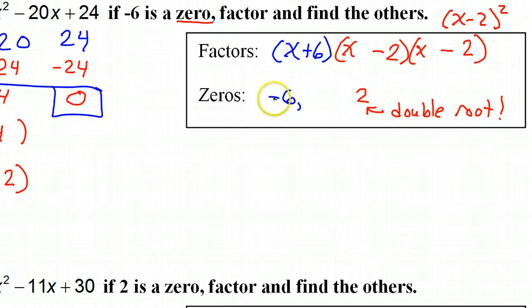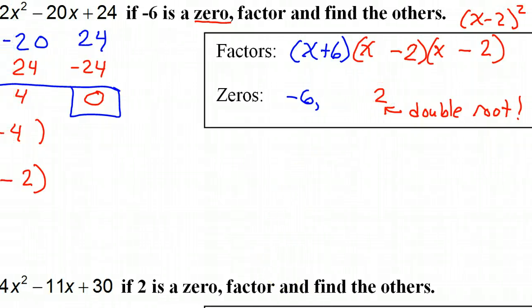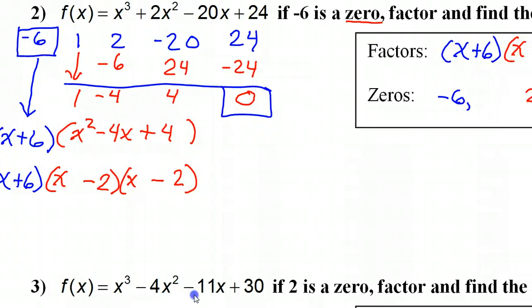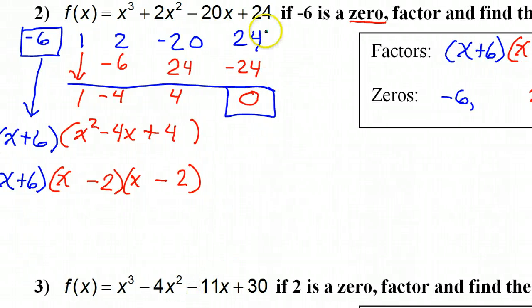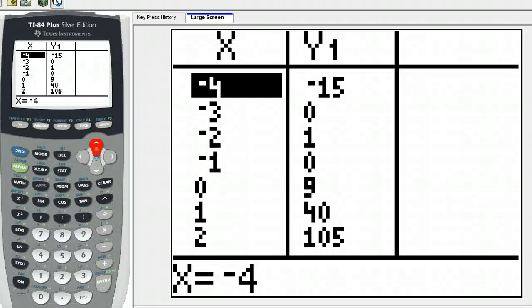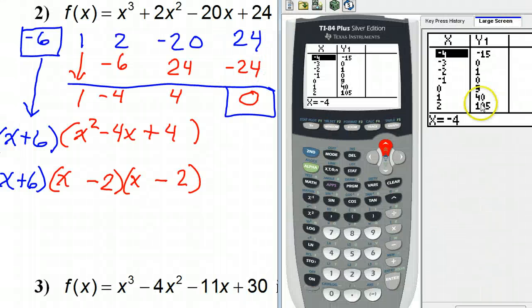So when I do this graph, it should go through -6 and bounce at 2. Should we graph it? Should we take a look at it? I think we should. All right, let's break out our graphing calculator. Okay, this is too much for the TI-30XS multiview. We have to do the TI-84.